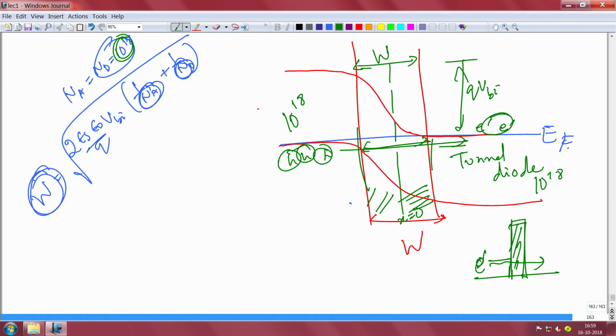So we shall end the class today. We have finished up static conditions of the p-n junction. We started with the Poisson equation and tried to establish the relation between the field, the depletion region and the built-in potential, the maximum field, and the potential drop on each side.